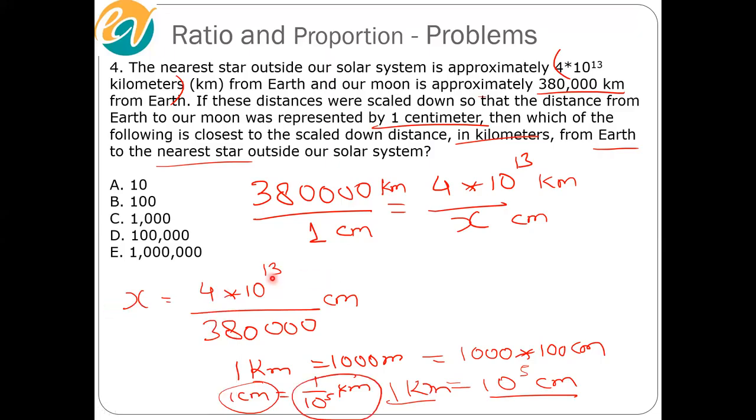We are asking how many kilometers are these centimeters. So obviously what do we do? 4 into 10 to the power of 13 divided by 380,000 into 10 to the power of 5. These many kilometers.